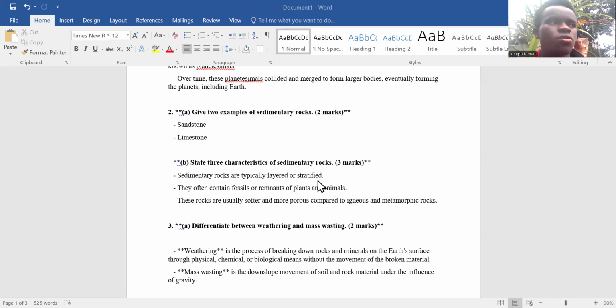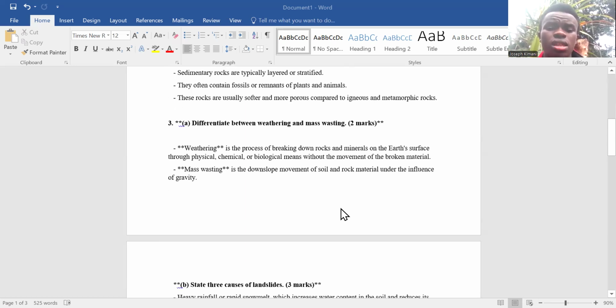Then plants and animals, when they die, decompose, and these materials accumulate on these other rocks. So a sedimentary rock is basically a layered rock. Characteristics: they are layered, that is number 1. They often contain fossils or remnants of plants and animals, that's number 2. And then these rocks are usually softer and more porous compared to igneous and metamorphic rocks. Why? Because they are formed from sediments. So basically, they'll be more porous.